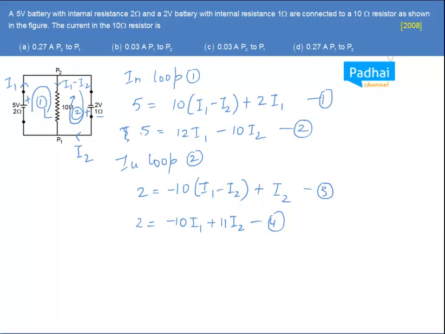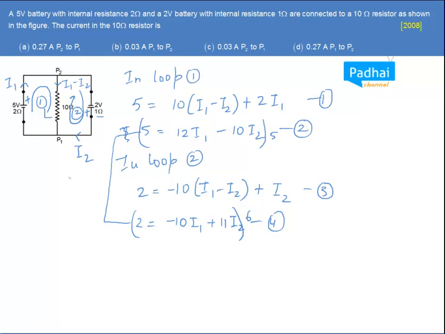Now from the second and fourth equations we have to eliminate one variable. I'll multiply the second equation by 5 and the fourth by 6, and then add them, so I1 will get eliminated.